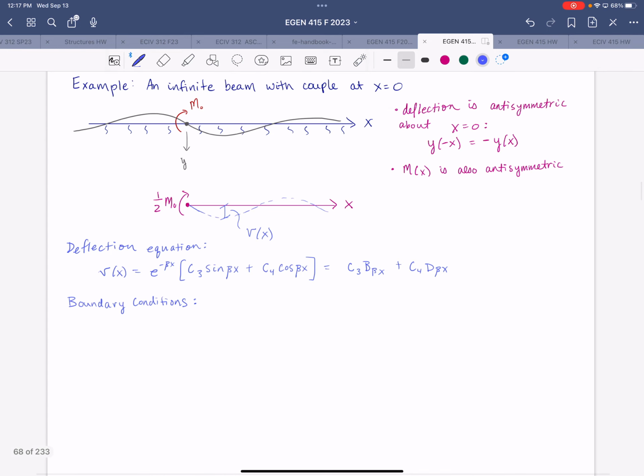So what boundary conditions would we be able to use in this scenario? Yes? Deflection is 0 at the origin. Yep, deflection is 0 at the origin. That's 1. Is there anything else that we know?